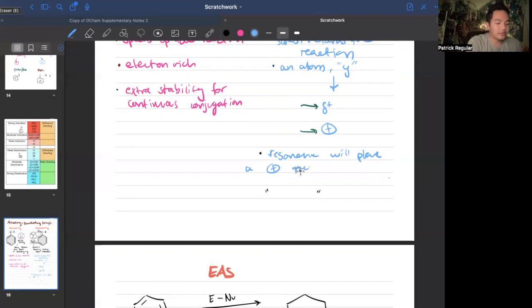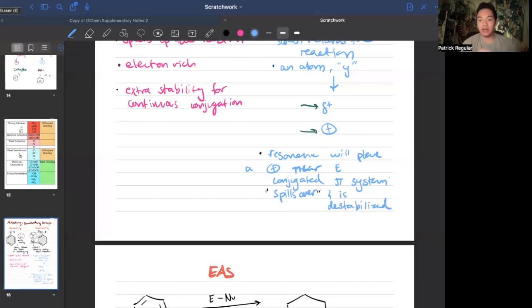Near E, our alpha substituent, the conjugated pi system will spill over and be destabilized. Remember our conjugated pi system for aromatic systems: the conjugated pi system spills over and is destabilized.